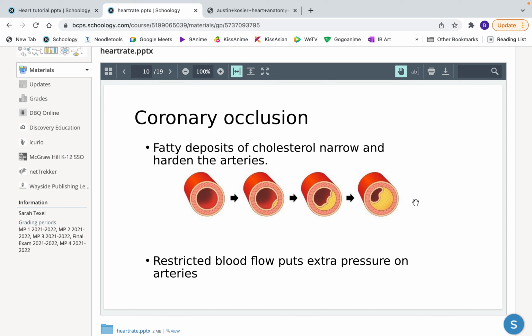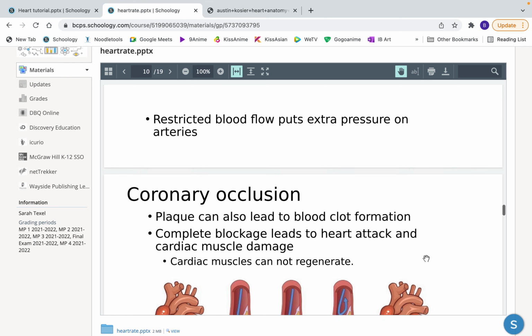So specifically in those coronary arteries, the ones sending blood and oxygen and nutrients and minerals and all the good stuff to the heart, they will begin to fill up here. We can see the cholesterol building up, narrowing that lumen. So here it's kind of a decent size, but as we start to build up, that lumen is going to get much smaller. This is going to put a lot of extra pressure on those arteries because instead of having all that room in the lumen to kind of even out the pressure, it's all going to be condensed right there, and that's going to put a lot of pressure on those arteries.